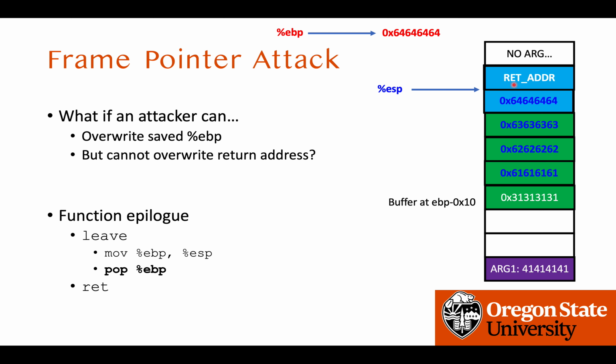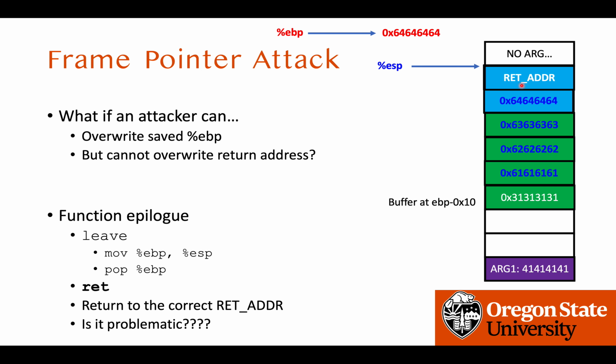Now ESP points to the original return address, and then the program returns with the return instruction, and it will return to the original return address. It seems like it does not have any problem because it returns to the original return address, but this is problematic if the program returns twice.